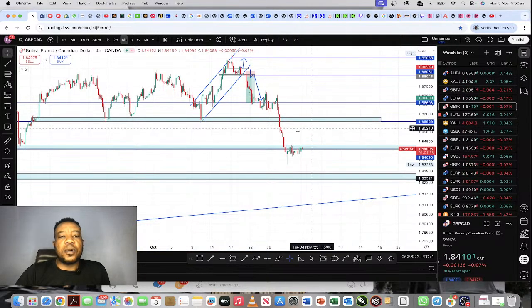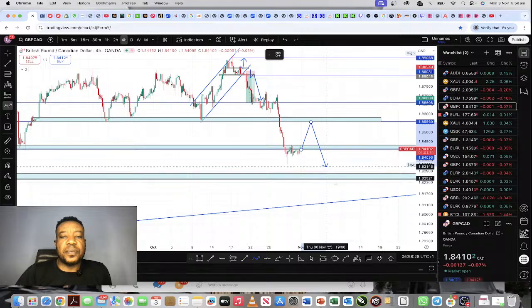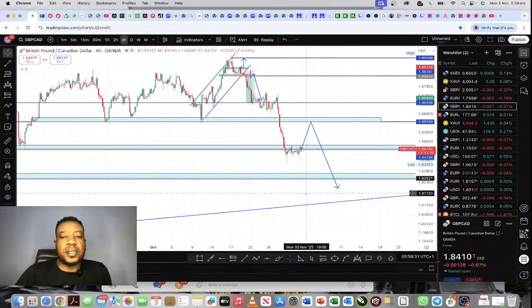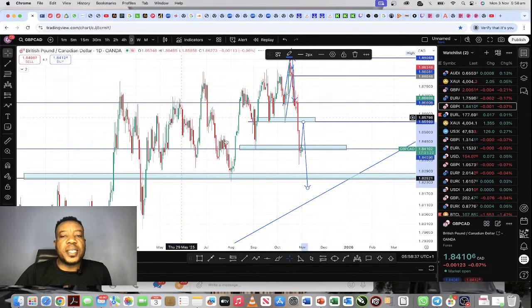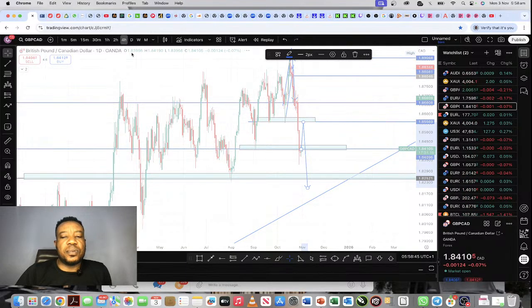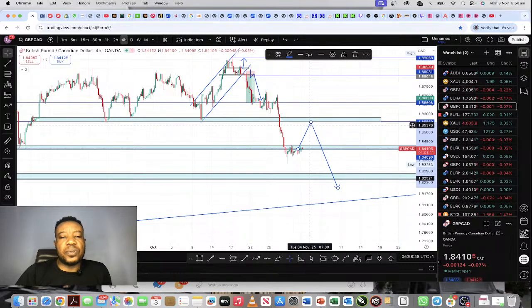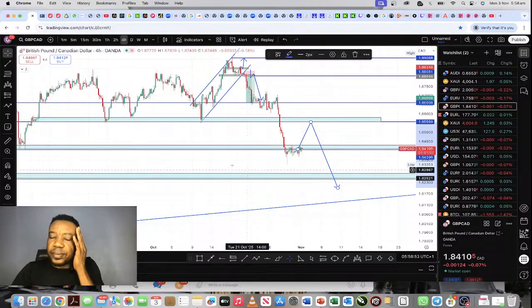If price can go back up to this level here, we may equally get a good sell off towards the downside. Why so? Because daily time frame is very bearish, so we need to retest this zone, or price breaks below here, so anything can happen. So it's either we get a retest back to this zone where we sell from, or we get a break below this level and sell down.